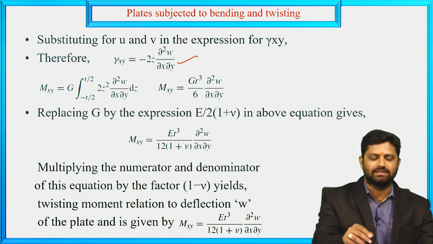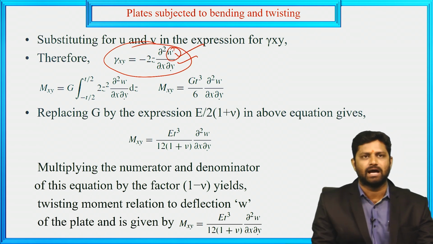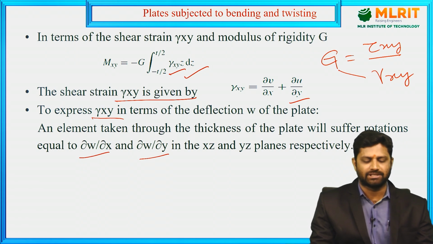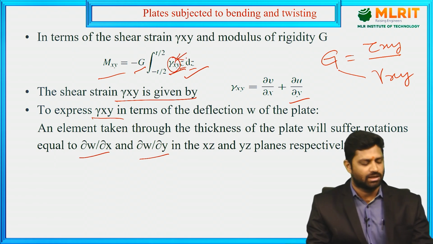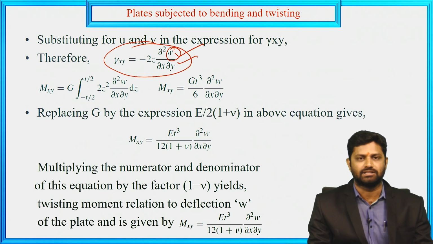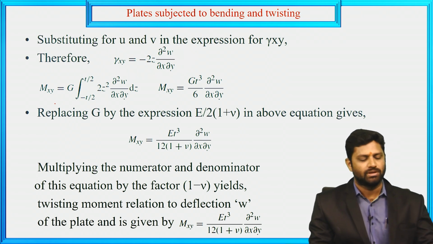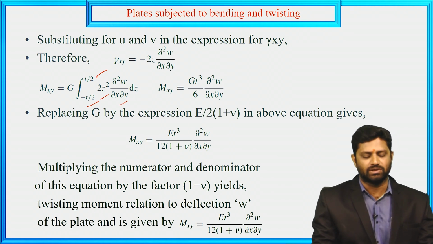Okay, now taking this γxy, the shear strain in terms of w, the deflection of the plate, and substituting in the equation for Mxy. Where is Mxy here? Mxy equals minus G γxy into z into dz. Now in place of γxy we are going to substitute what we got here, that is minus 2z into ∂²w/∂x∂y, and when you substitute you are going to get Mxy equal to capital G integral from minus t/2 to plus t/2 of 2z² into ∂²w/∂x∂y into dz.